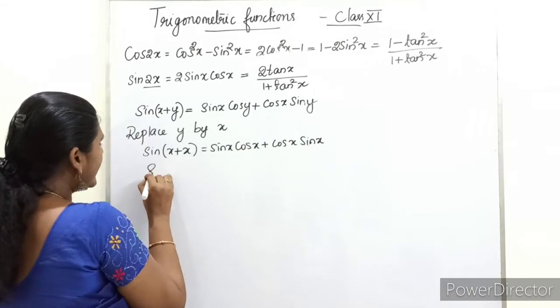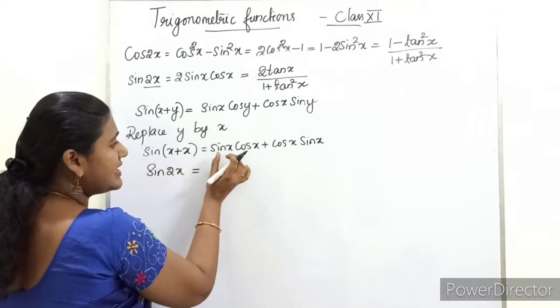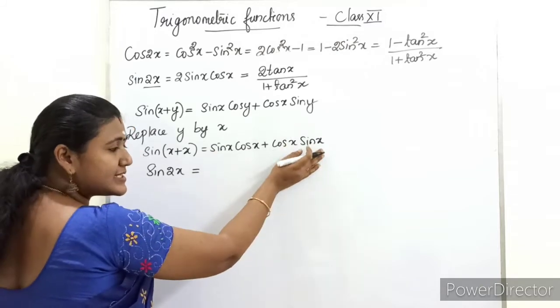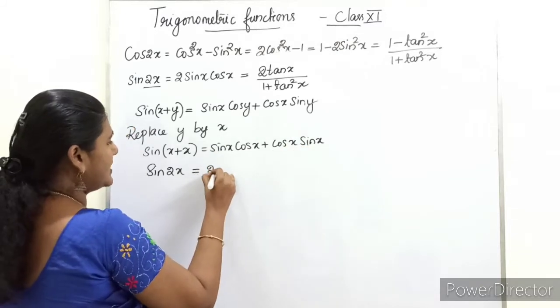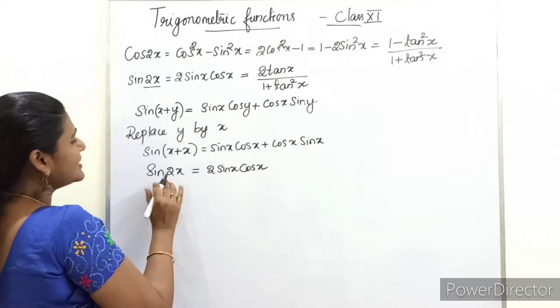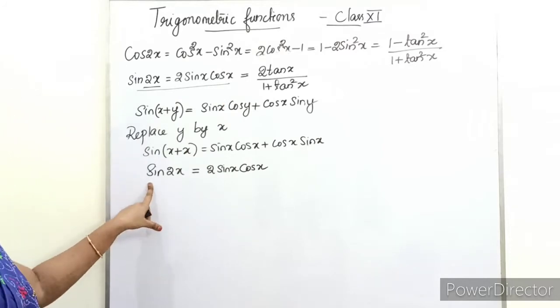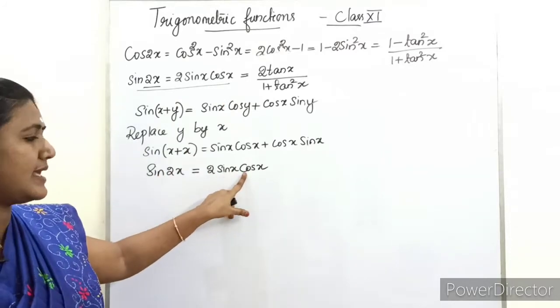Now here left side we will get sin 2x and right side you see here sin x cos x. This term is also sin x cos x only. So when you add you can write 2 sin x cos x. So this is the formula for sin 2x. So sin 2x is equal to 2 sin x cos x.